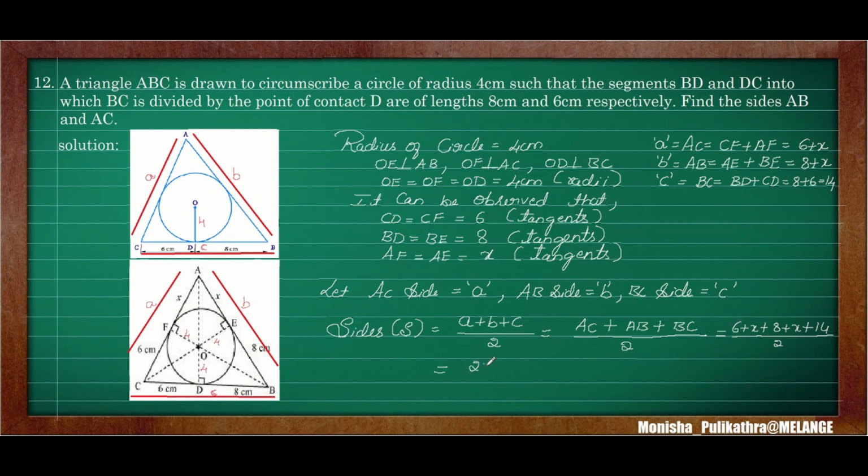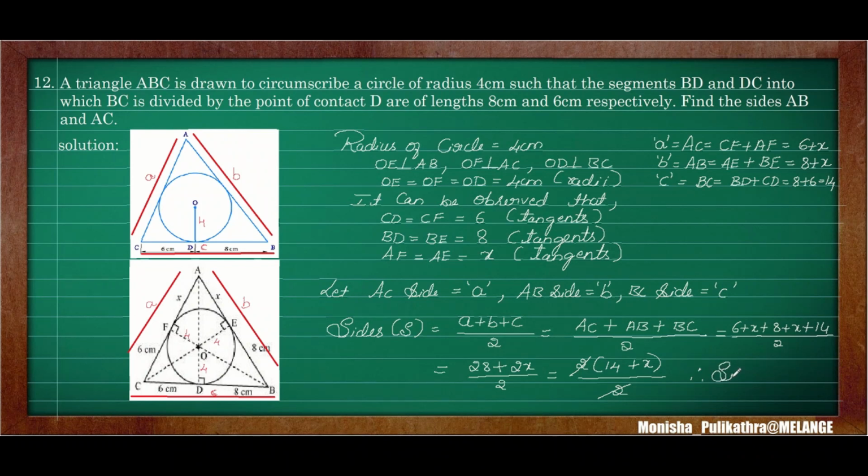We will write it as 28 plus 2x, whole divided by 2. Next, from the numerator I will take 2 common. If I take 2 common, the remaining will be 2 14s are 28, so 2 times 14 plus, and the remaining will be x, divided by 2. Here the 2s cancel each other. The remaining is 14 plus x.